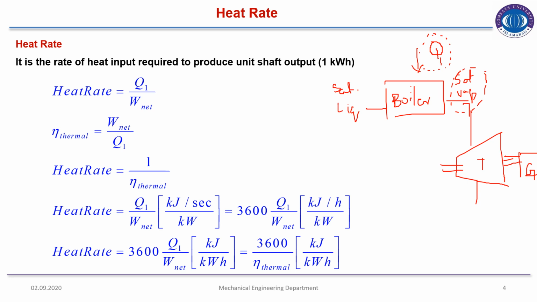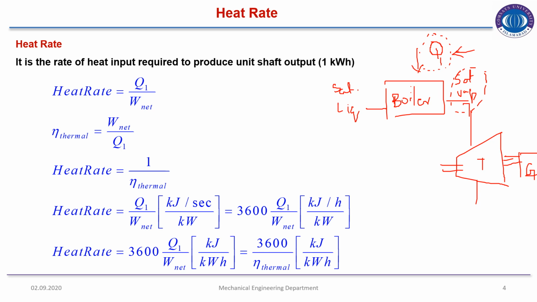So this heat per unit time is known as heat rate. So Q amount of heat is added into the boiler. In the previous topic, specific steam consumption, we related the saturated vapor mass to the power generated. Now we are relating the amount of heat that is added in the boiler with the power that is generated.